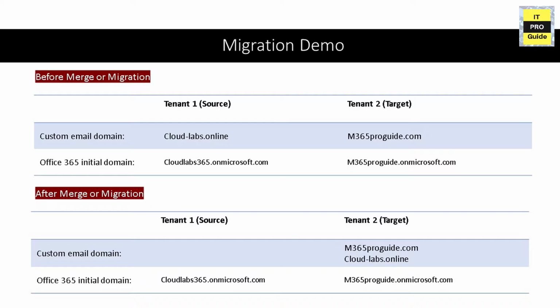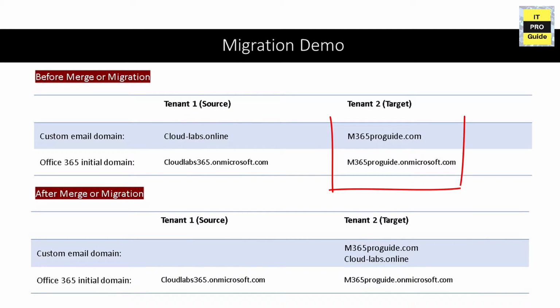Look at our migration demo setup. We have two tenants, source tenant and target tenant. In the source tenant, we have CloudLabs365.onmicrosoft.com, our initial domain, and the custom domain that we use is cloudlabs.online.